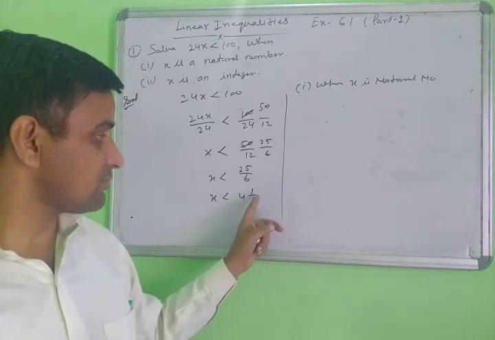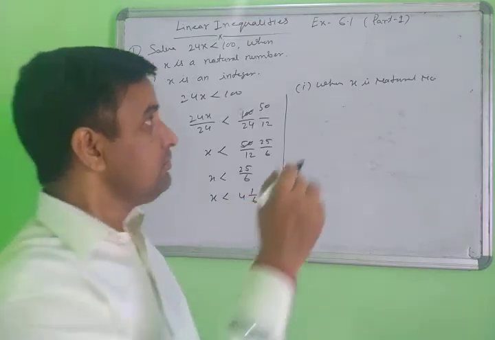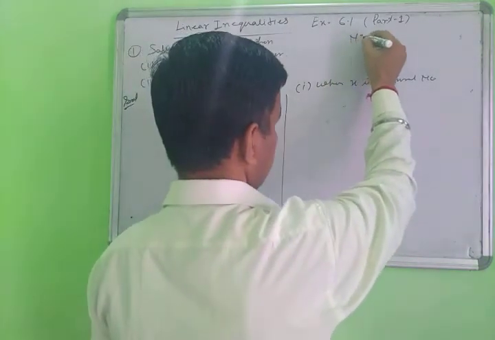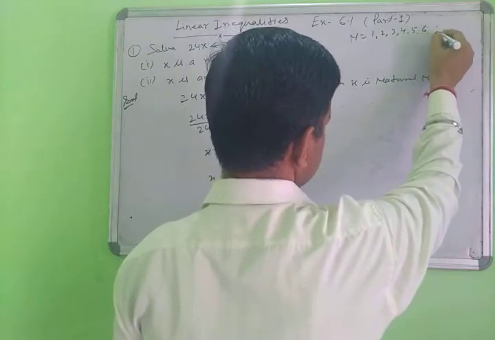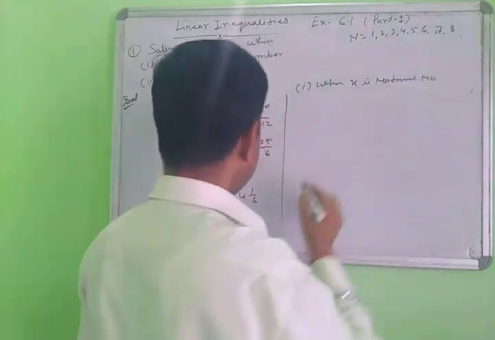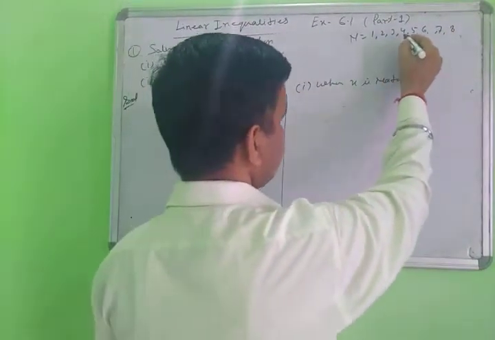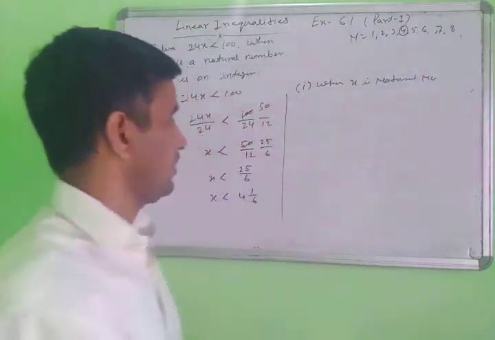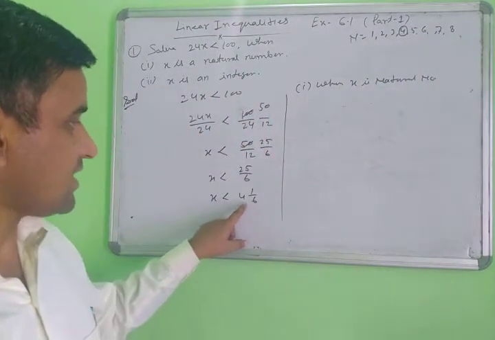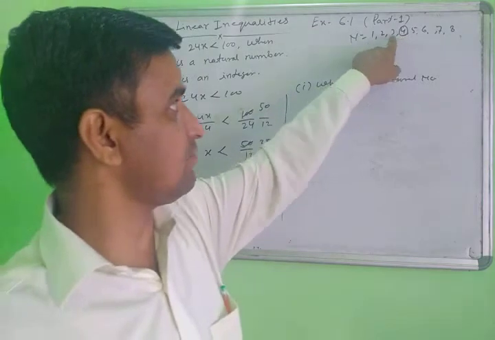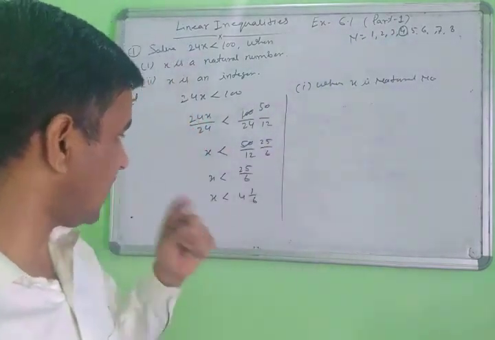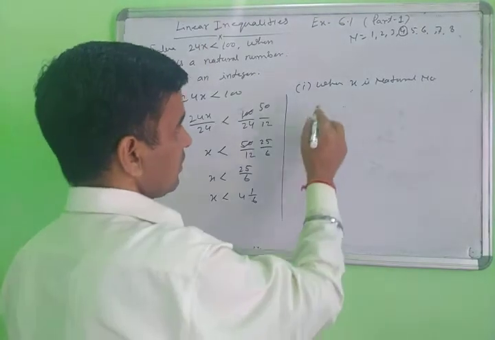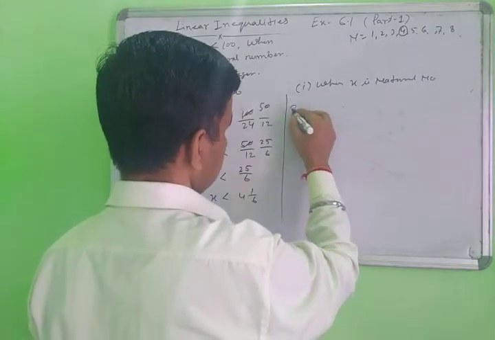The natural numbers are 1, 2, 3, 4, 5, 6, 7, 8. Here 4 is included. Then what is the solution set?